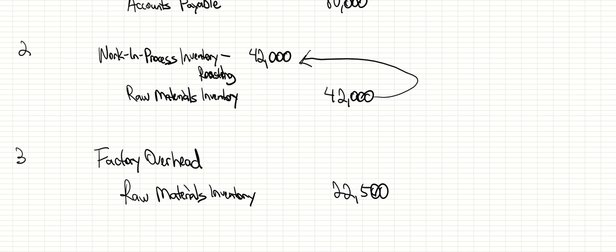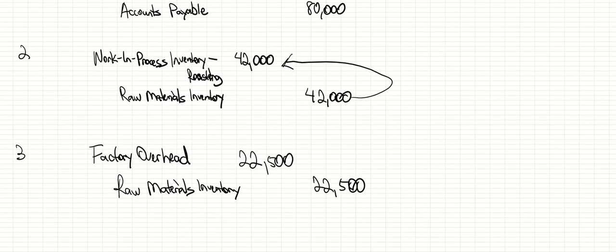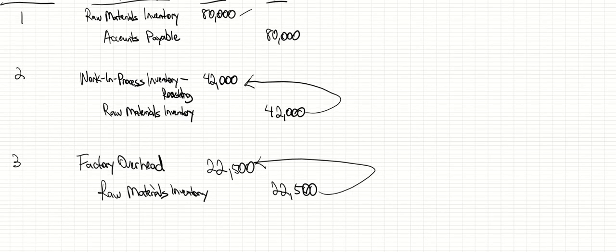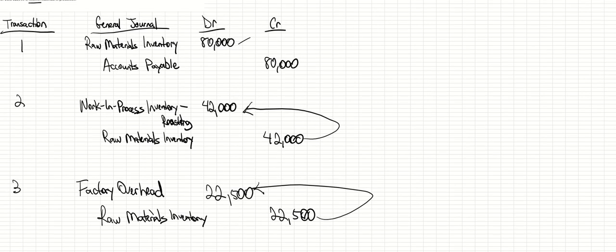So factory overhead is going to be debited for $22,500. So this is what's happening. Raw materials was used, transferred into the factory overhead account. So I'm going to zoom out so we can see the big picture here, all three transactions.